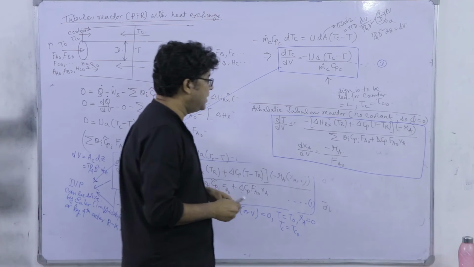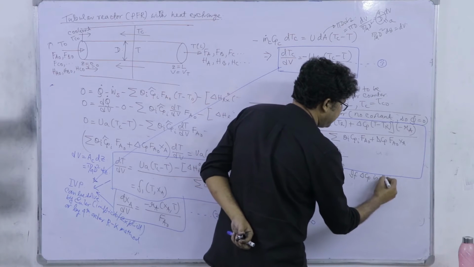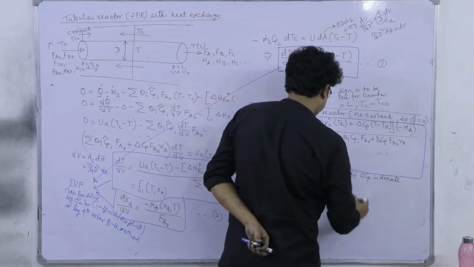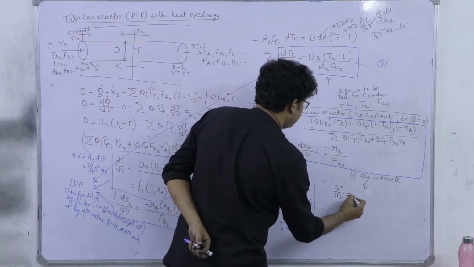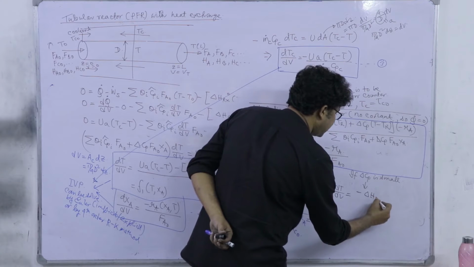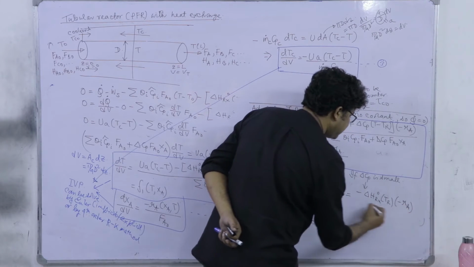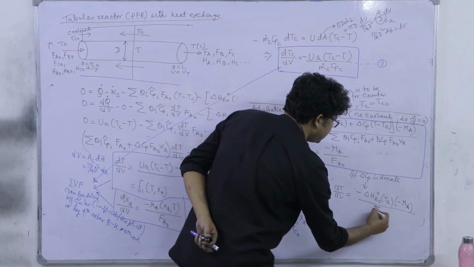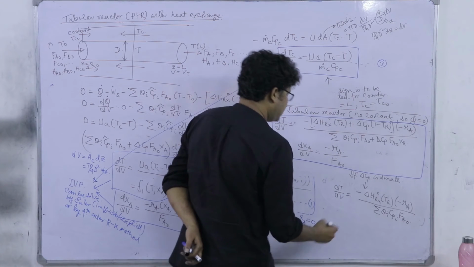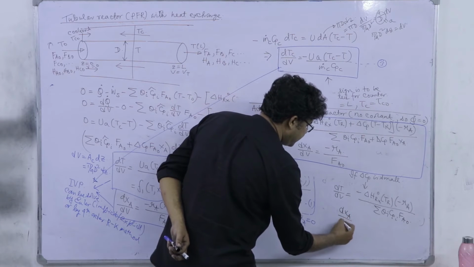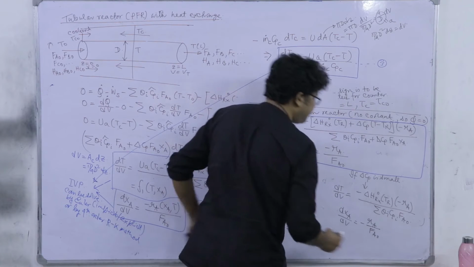Further, it can be simplified if del Cp is small. Then we will have dT/dV equal to minus of del Hrx naught at Tr into minus Ra divided by summation of theta i Cpi into Fa naught, and dxa/dV is equal to minus Ra divided by Fa naught.